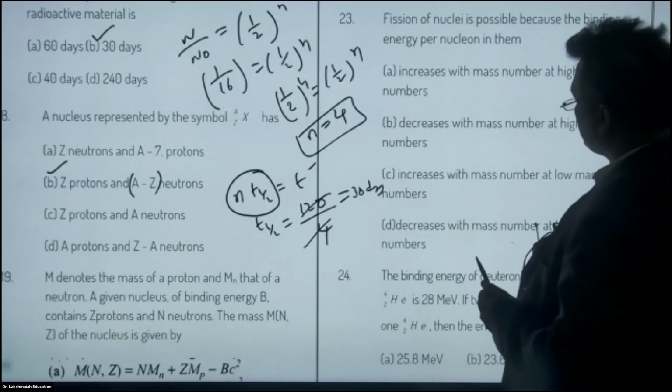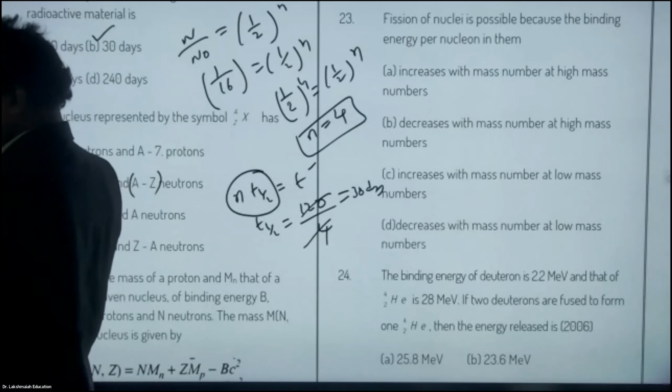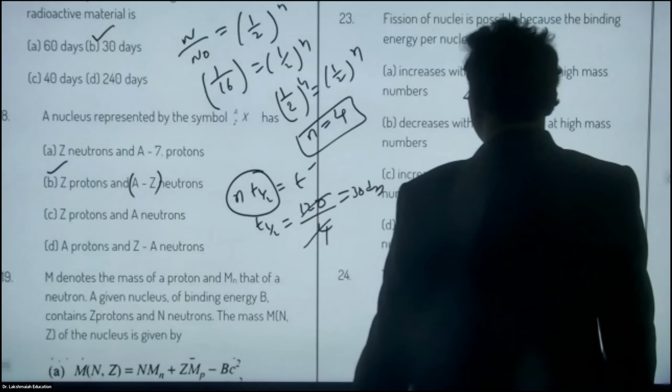Which option is correct? Option C. Option D is correct. Yeah, decreases with mass number at high mass number.